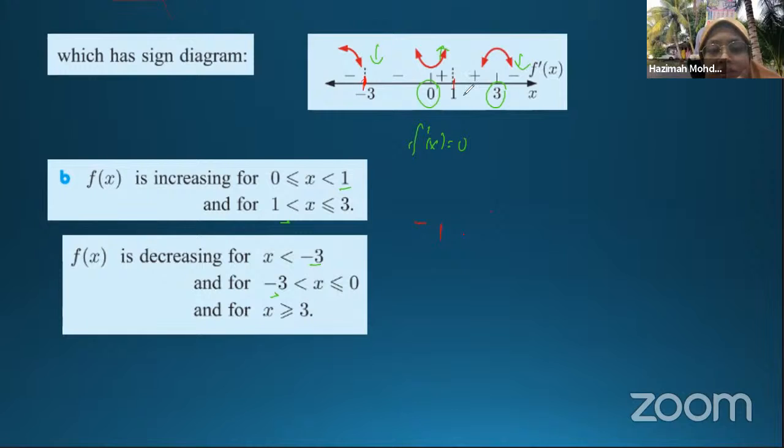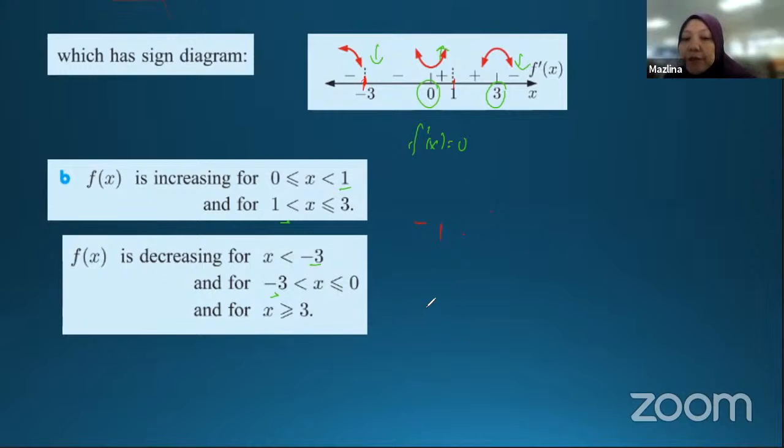Point of inflection tu asymptote? Dia bukan asymptote je mah. Point of inflection tu macam ni. If we have this graph, okay, this curve tiba-tiba you ada macam ni. Okay, let's say this is the curve. Point of inflection tu dia ada dekat in between here. Sebab you nampak tak, ini concave down.